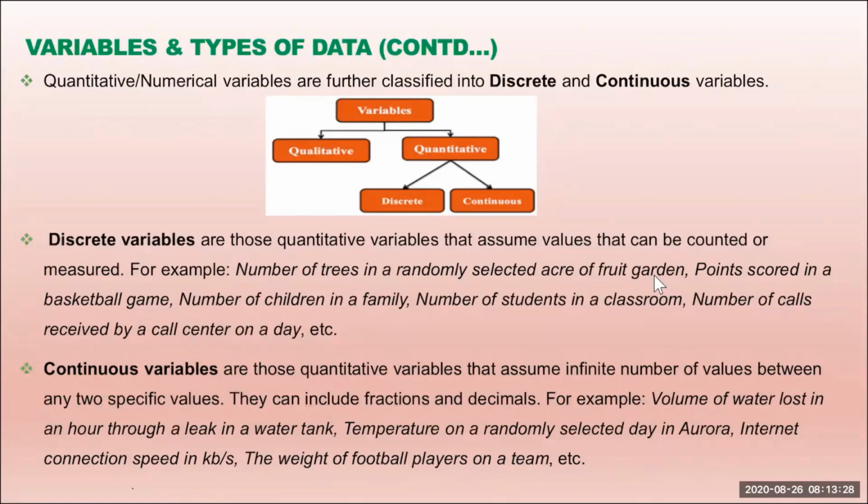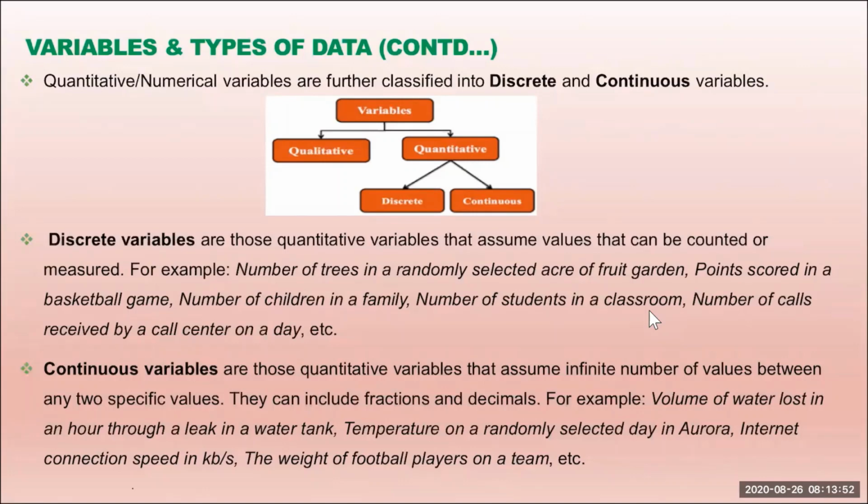No decimal point there. Similarly, points scored in a basketball game, it's also a whole number. There are no decimals involved there. Number of children in a family, maybe 5, not 5.6. There is no decimal involved there, so discrete variable. Number of students in a classroom, or how many students are currently in this Zoom classroom. I have 13 students. So that is an exact whole number.